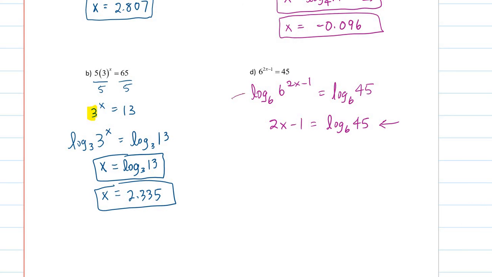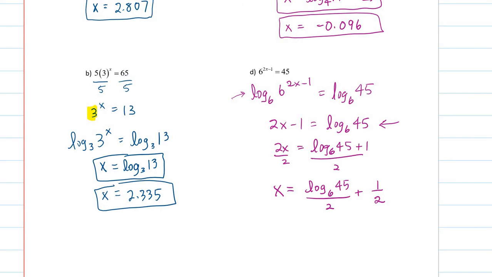You don't have to write the form up here where you write log base 6, but I always do it just because it helps me remember what I'm doing. Then I'm going to add 1 to both sides, and then I'm going to divide by 2 on both sides. So I get an exact answer of log base 6 of 45 divided by 2, plus 1 also divided by 2, or plus 1/2. You could also just leave it as one big fraction, that's fine.